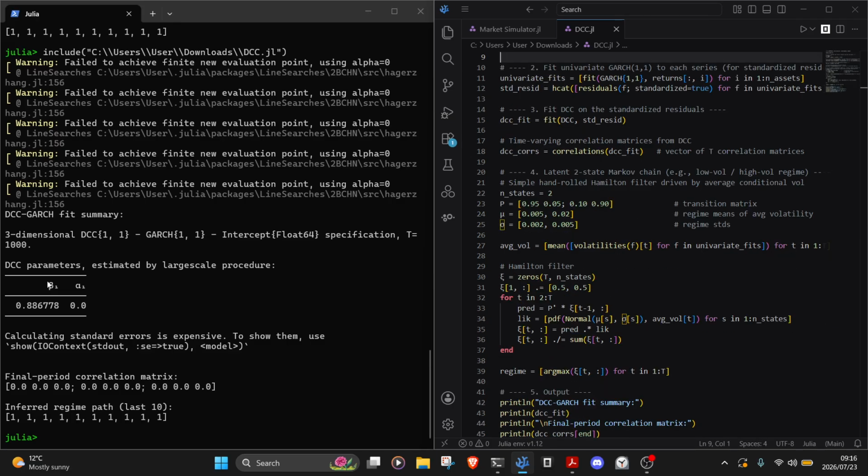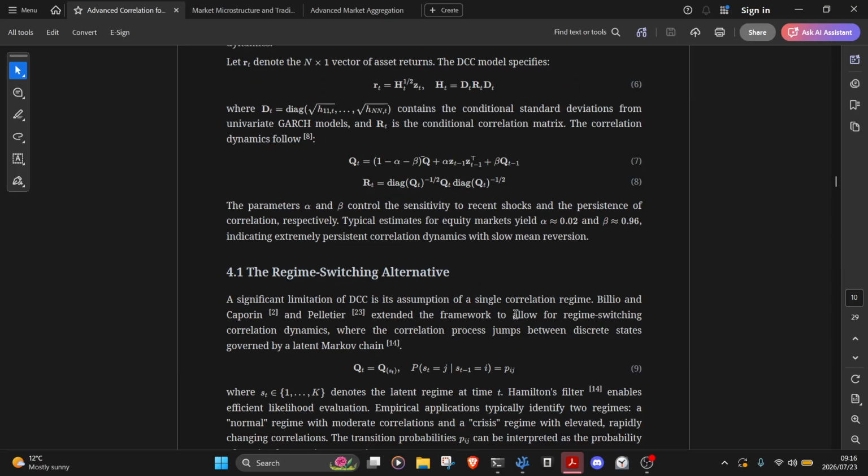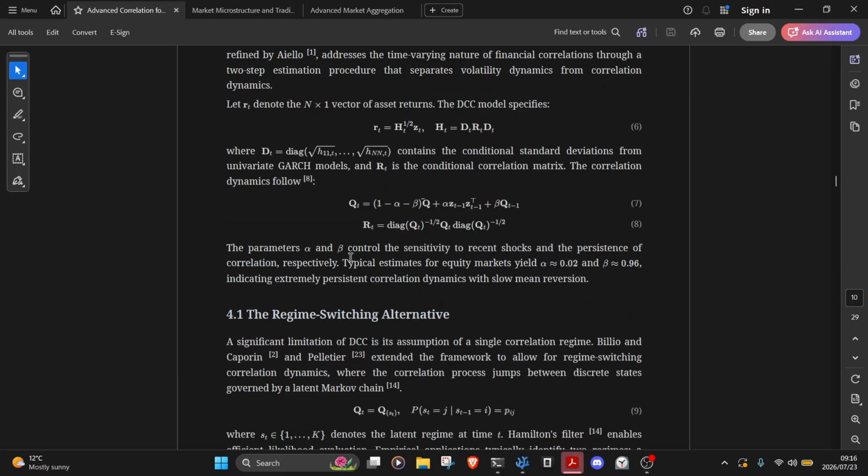As you can see, our beta for these chosen random numbers is 0.88, and our alpha is 0.0, which is fairly close to the empirical parameters that we saw for equity markets, right? If you recall, the parameters alpha and beta control the sensitivity to recent shocks and the persistence of correlation, respectively. Typical estimates for equity markets yield an alpha of 0.02 and a beta of 0.96.